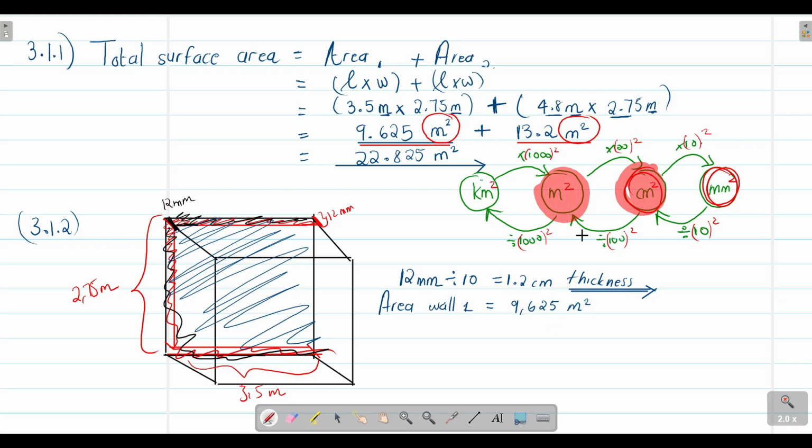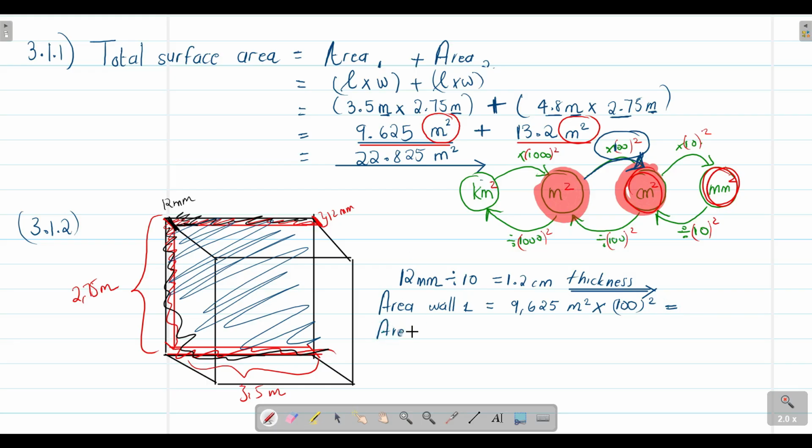We want to convert these meters squared to centimeters squared, okay? So what are we supposed to do? You multiply it by 100 squared. So you're going to multiply it by 100 all squared. And that will give us our units in centimeters squared, okay?